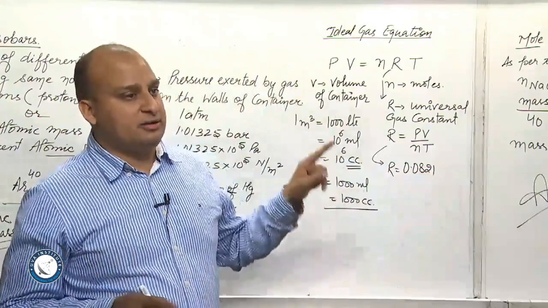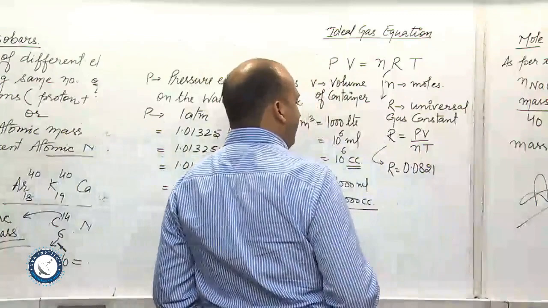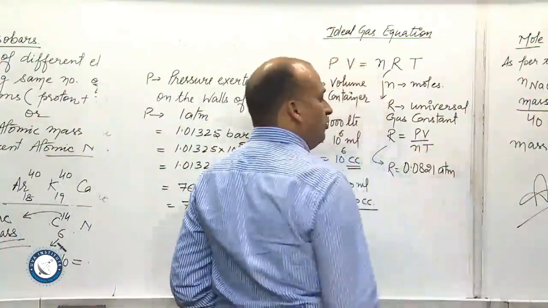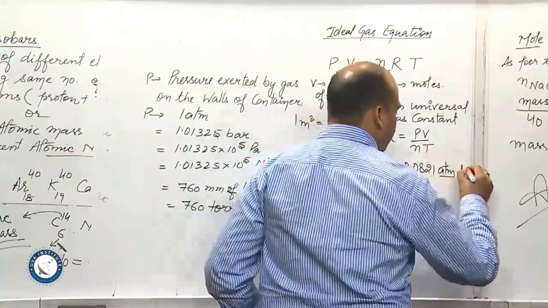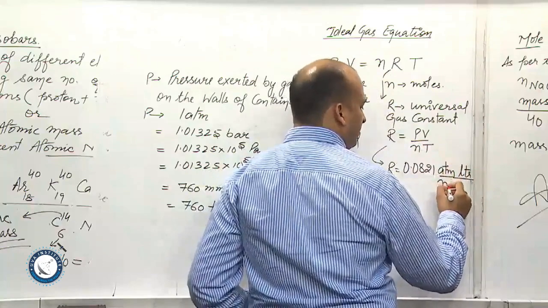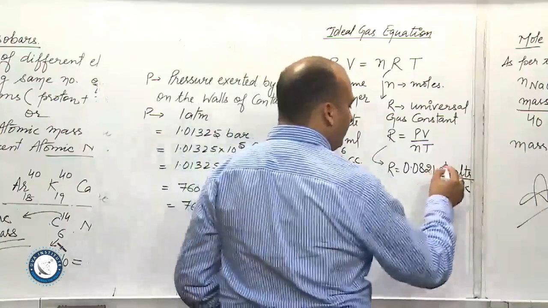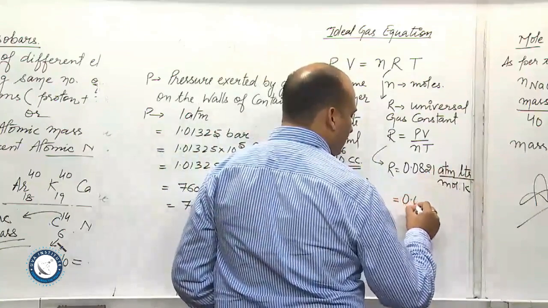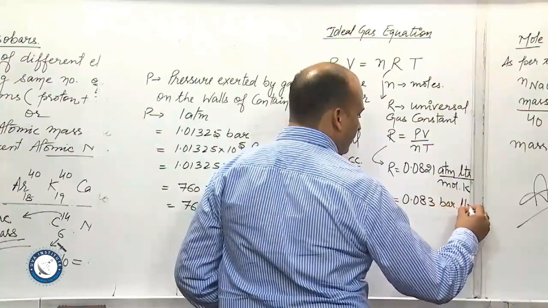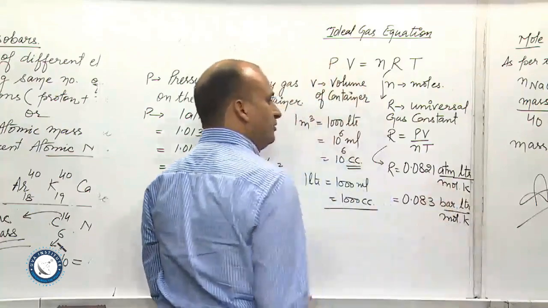This is a very important point. When will this value of R hold? When the pressure is in atmosphere and volume is in liter, that is, liter atmosphere per mole per Kelvin. If instead of atmosphere you change it to bar, then it becomes 0.083 bar liter per mole per Kelvin.